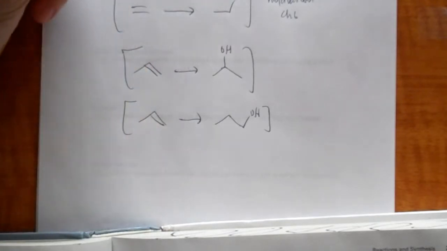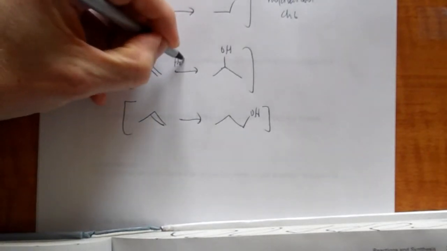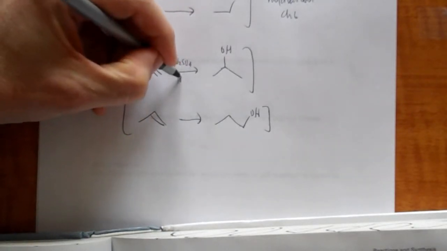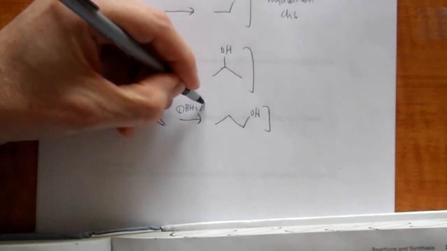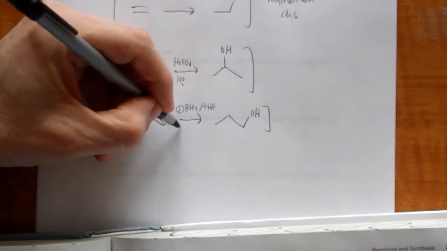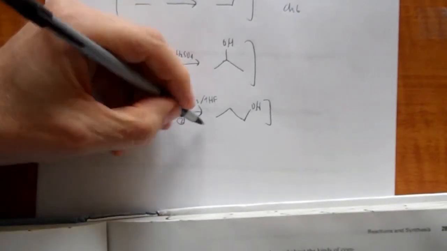And which was which? This was simply acid, which I think we used H2SO4, and water, H2O. And this was BH3, THF, one form of the reaction that we did, and chased with hydroxide, hydrogen peroxide, and water.